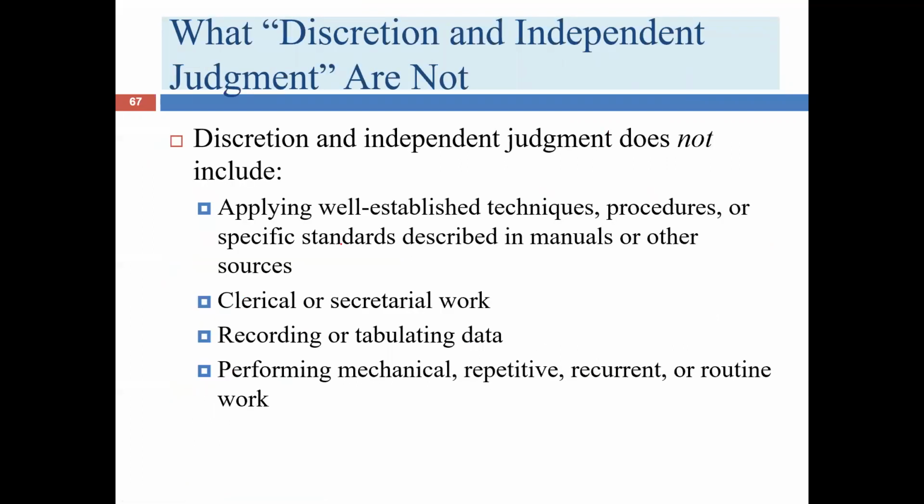Okay, so here are examples of what does not qualify as discretion and independent judgment. If you wanted to include this as your definition, it's a negative definition, but this could work.